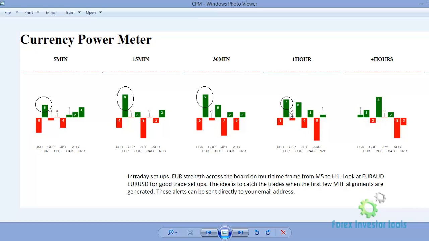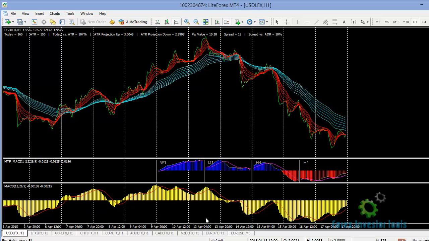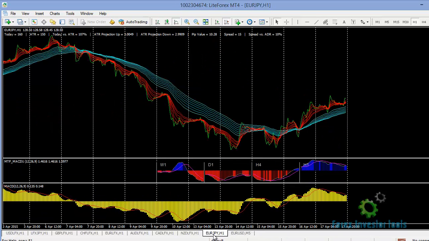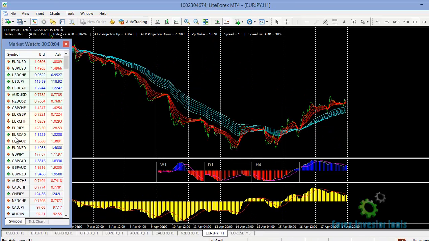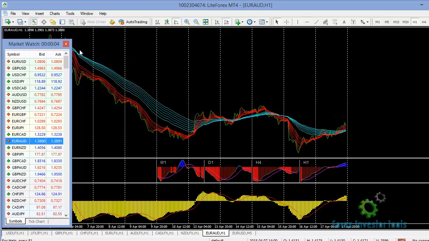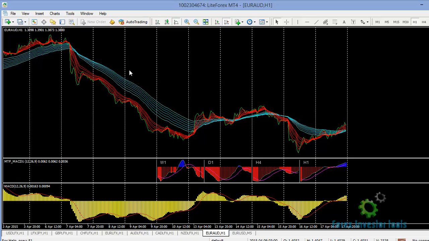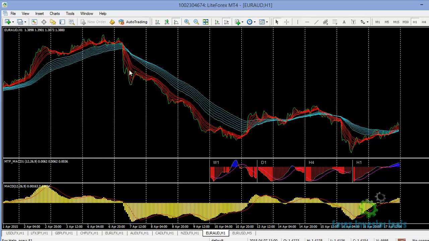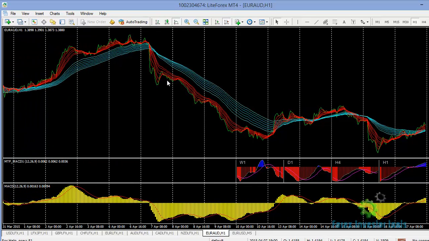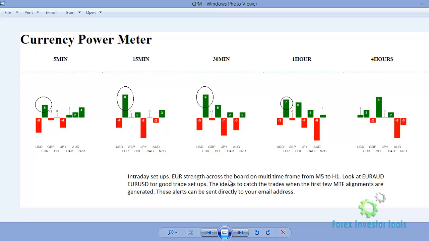Then I'm going to look at this. Once I have my chart open, let me pull up Euro AUD. Obviously, we're looking at backdated, but never mind. So this is somewhere around this area here. The screenshot was taken back then.